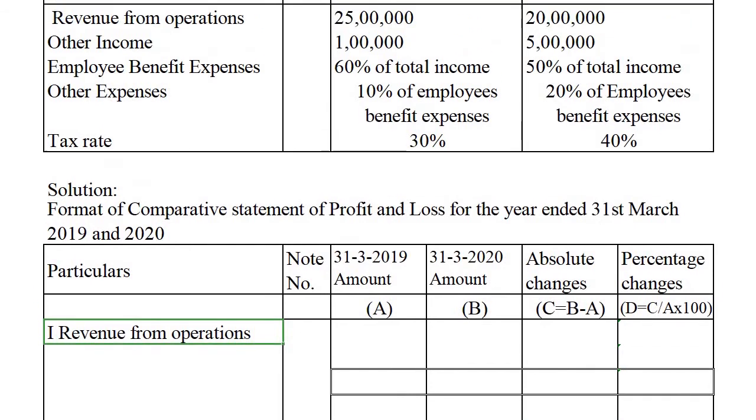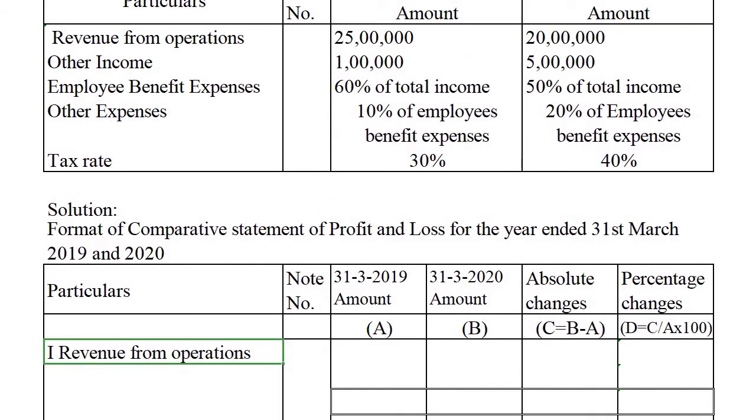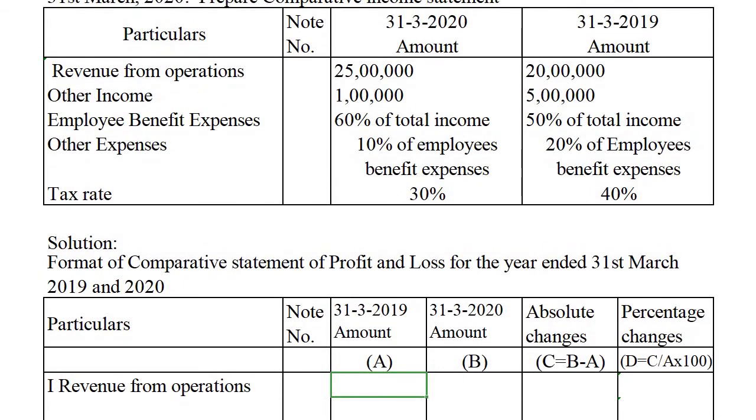We can take that revenue from operation for the previous year 20 lakh, isn't it? Here you can see previous year 2019 it is 20 lakh, and for the current year, yes, 25 lakh. Then 25 lakh minus 20 lakh, the difference, absolute change is 5 lakh.